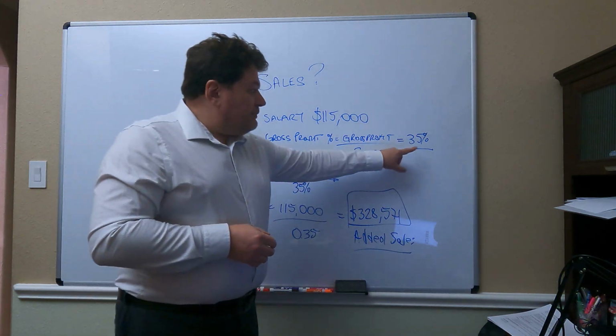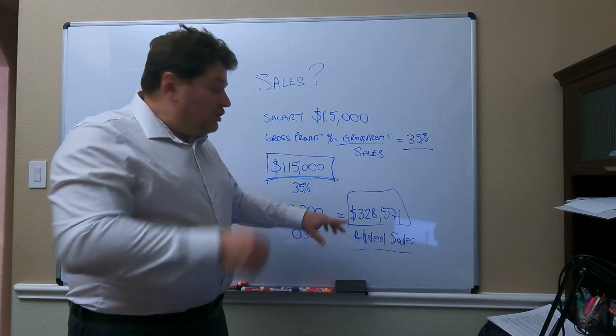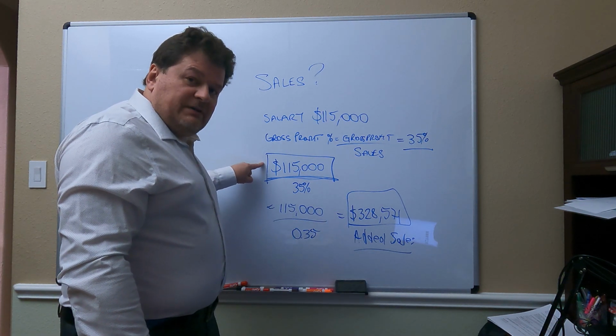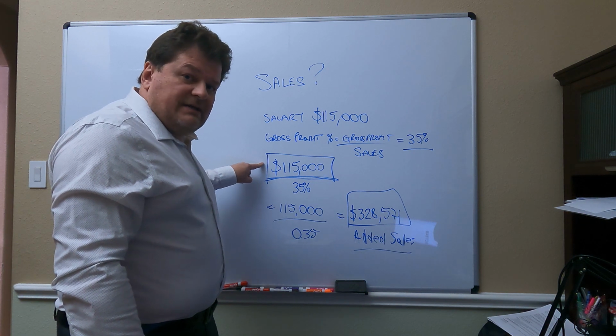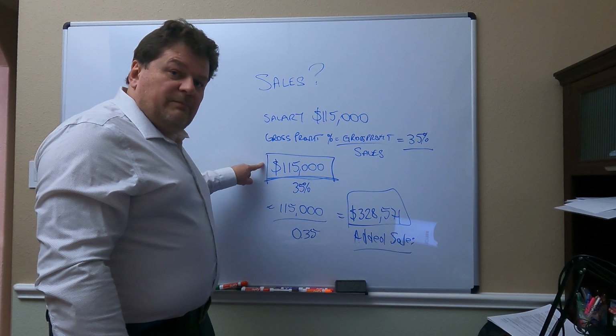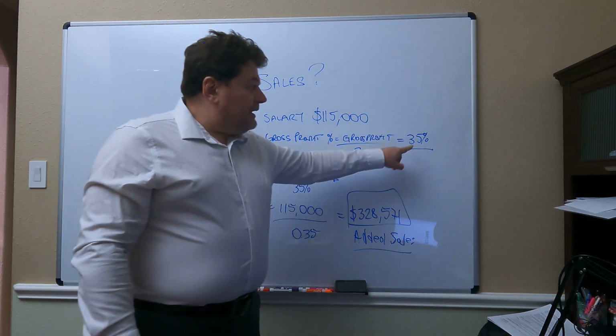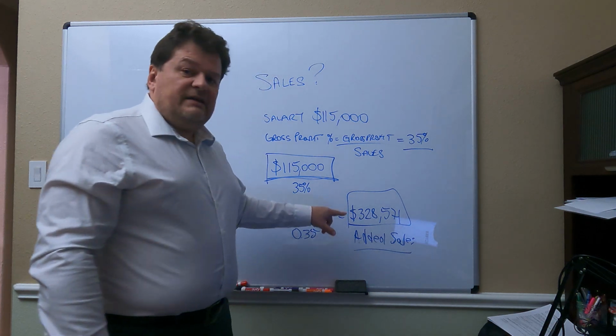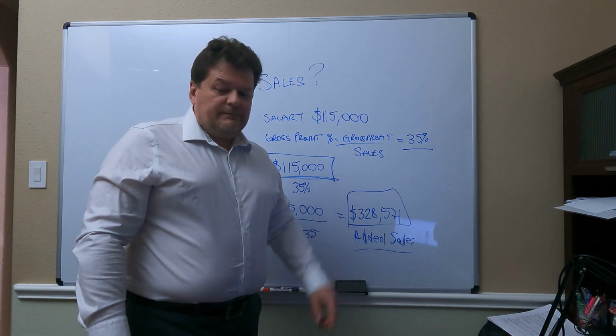If you know your gross profit percentage and you know how much it's going to cost you, your burdened amount, remember, you have to add in all the costs associated with having that employee plus whatever you're paying them, divide that by your gross profit percentage, and that'll quickly give you a number of how much additional sales you need in order to support that salary.